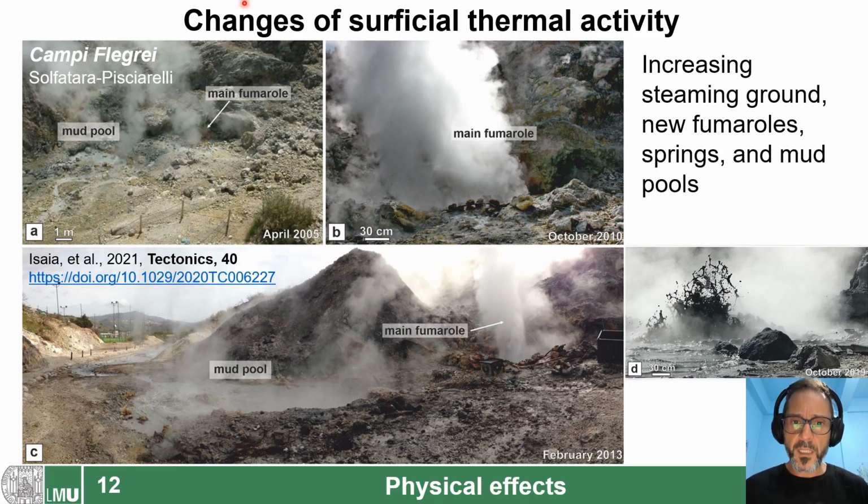For instance, the small main fumarole that you saw here has been transformed into a very powerful gas jet, and the small mud pool has spread out to form a sort of mud river that we can see here, and produces occasional and dangerous bursts of hot mud like in this picture.